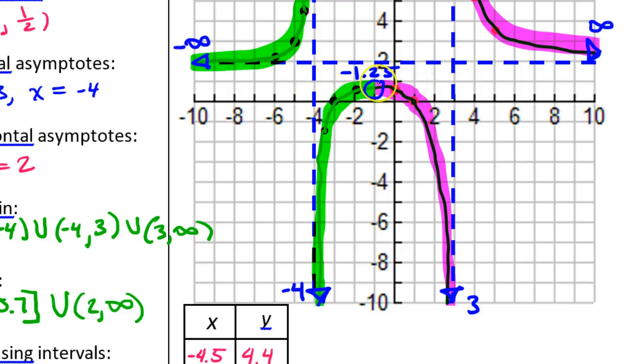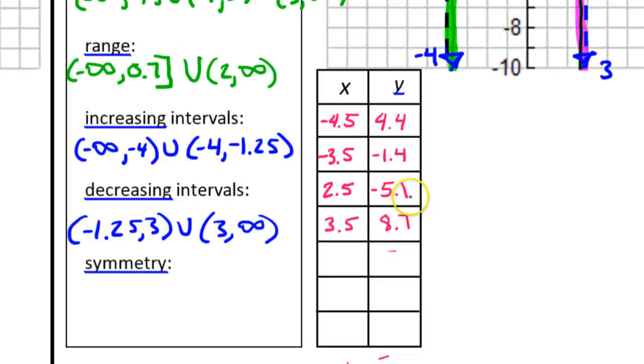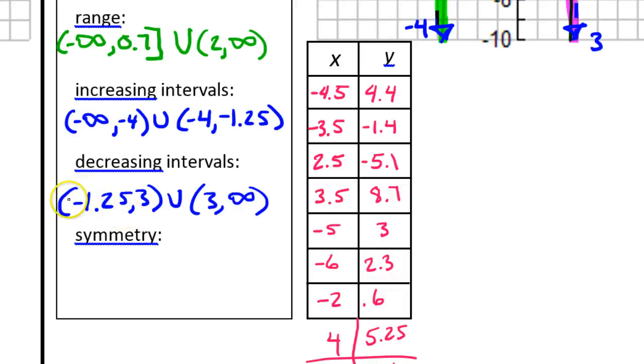But right at negative 1.25, it is neither increasing nor decreasing. It's neither going uphill nor downhill. It's in perfect balance. It is flat for one instant. So I will show that it is not included by always using round parentheses for increasing and decreasing intervals.